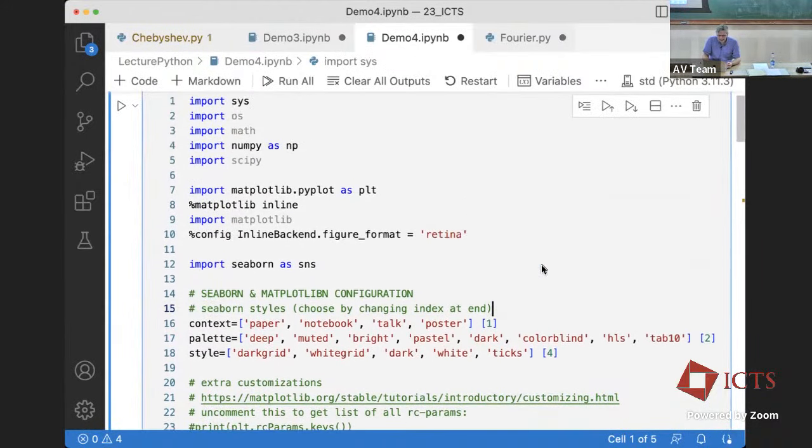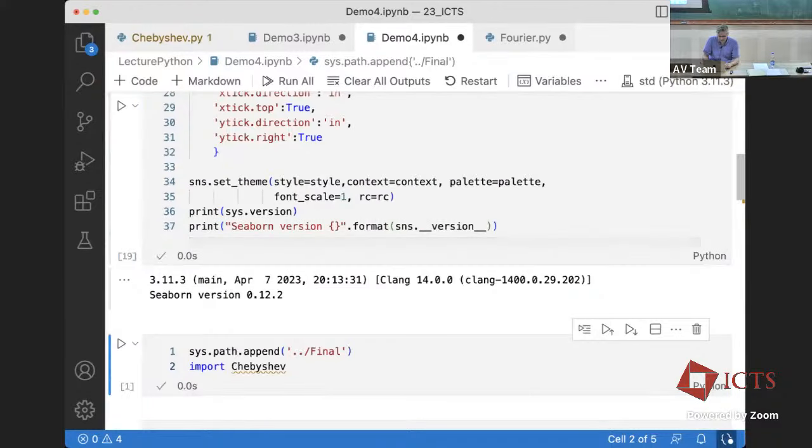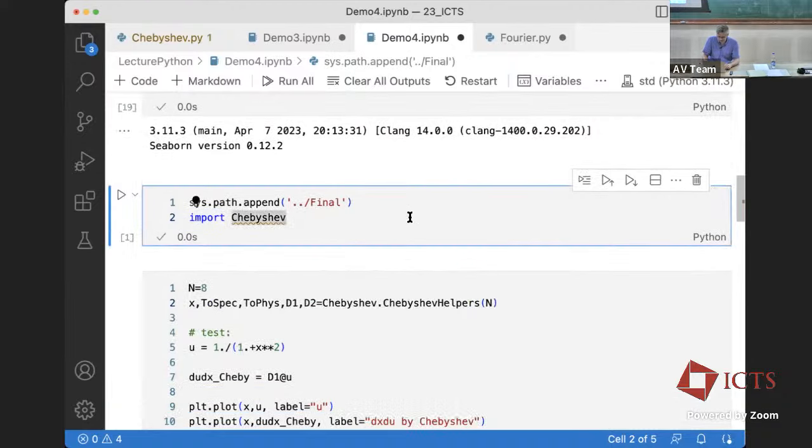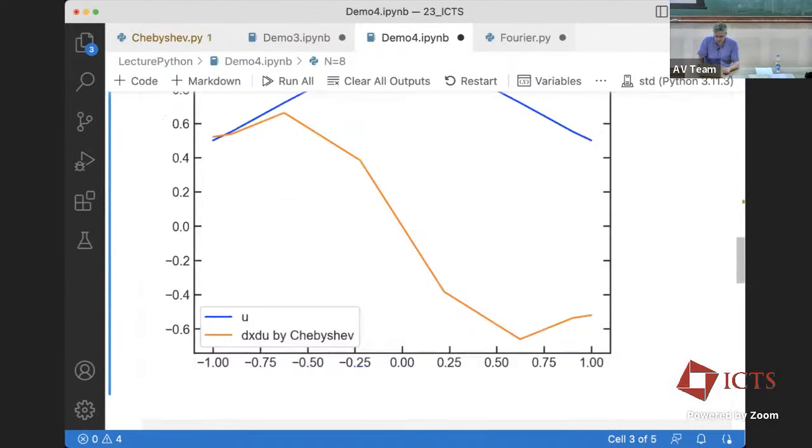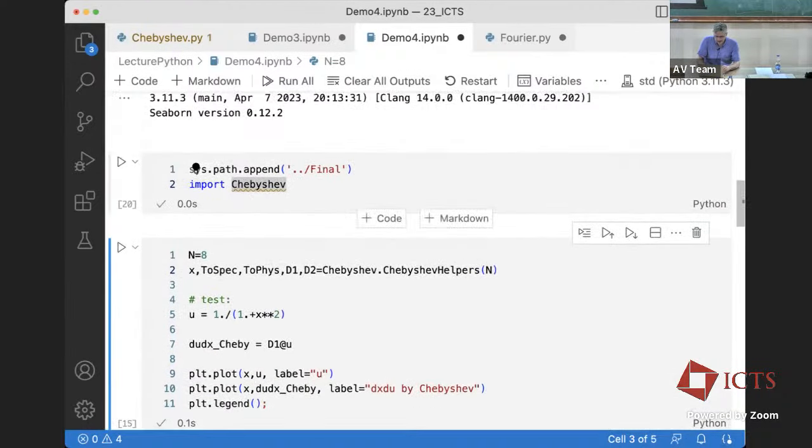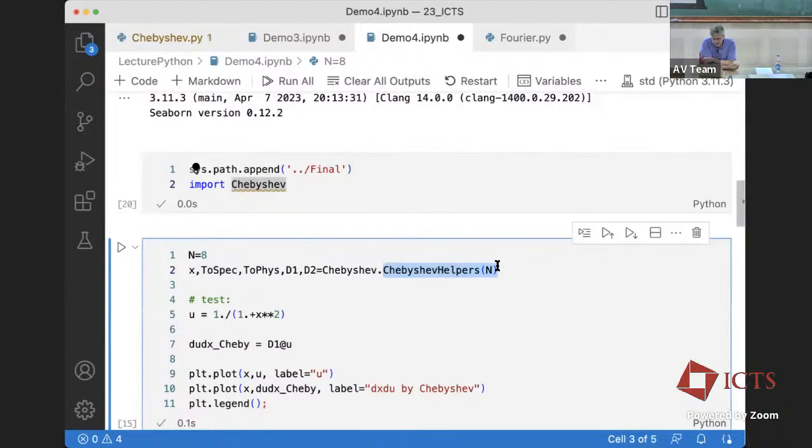And so how this is going to work when all the dust settles is as follows. One can write a function that takes n, the number of collocation points, and that returns x, the collocation point values.